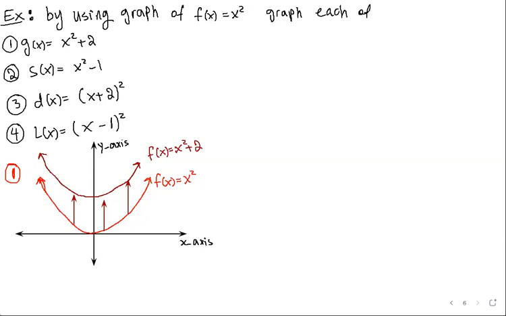Where do we have to shift the original function? 1 down. Down. How many units? 1. Yes. So we shift the original function x squared minus 1. This means we shift the original function 1 unit down.